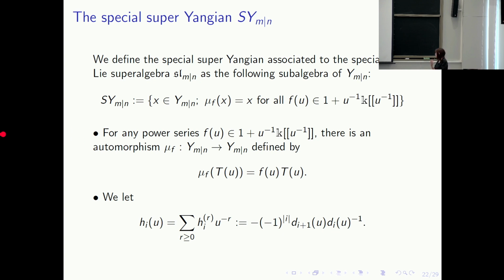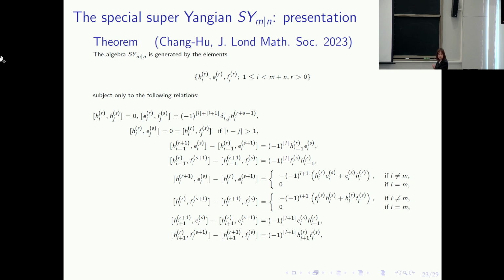We have the relations among d_i mu, e_{ij} mu, and f_{ij} mu. Then from the definition of H_i mu, we can give these relations.